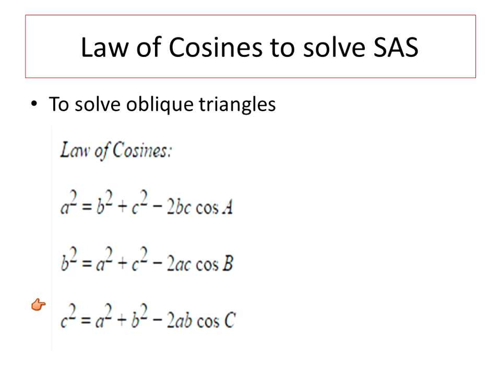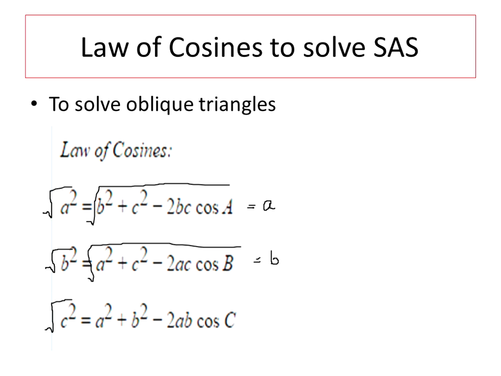So we have the first one, and we're going to modify it slightly in order to solve for one of the sides by taking the square root of both sides, and then that will give us just what a is equal to, if that's what we are after. We'll take the square root of both sides of this equation if we're trying to solve for b, and then that'll give us just b. And the same thing goes if we're trying to solve for side c.